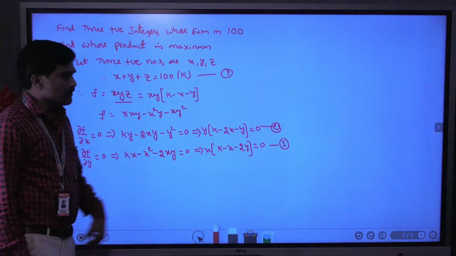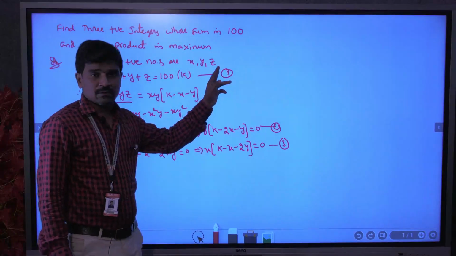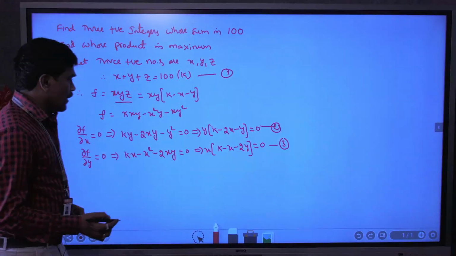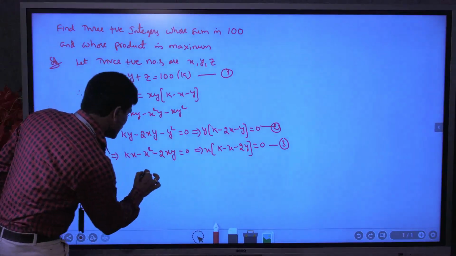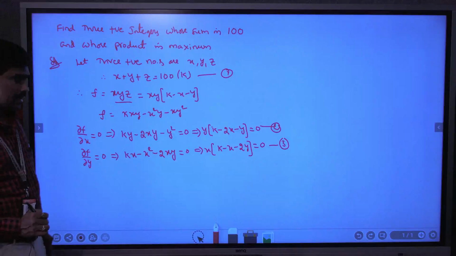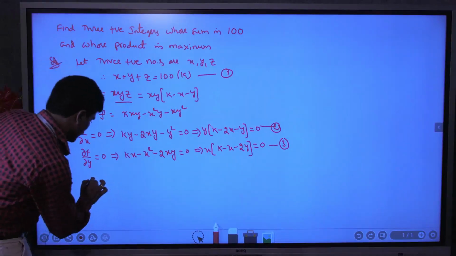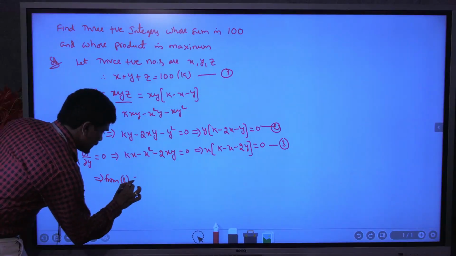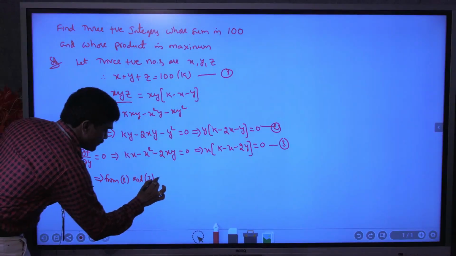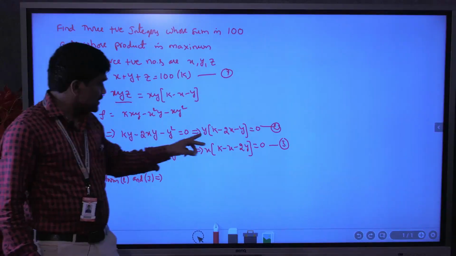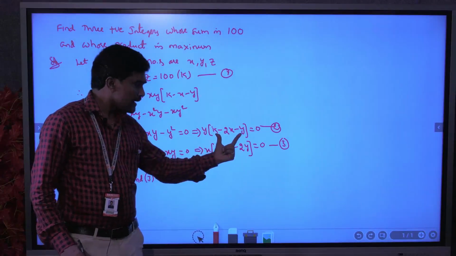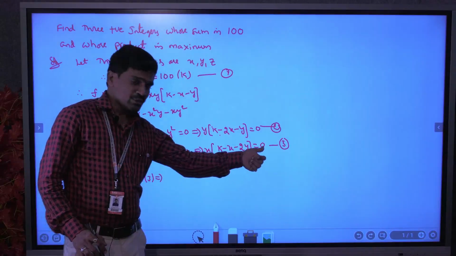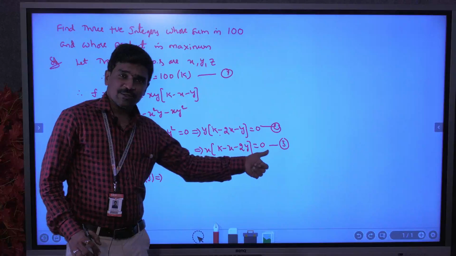So here we get 2 equations, and also the given equation 1. Solving these 3 equations, from 2 and 3, y is equal to 0 or k minus 2x minus y is equal to 0, and x is equal to 0 or k minus x minus 2y is equal to 0.